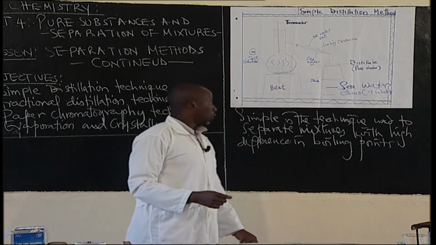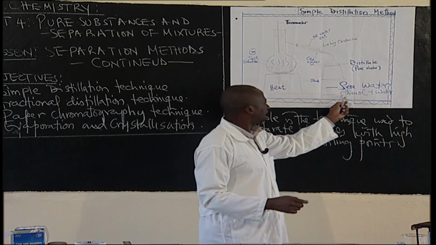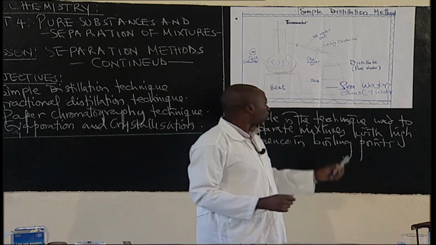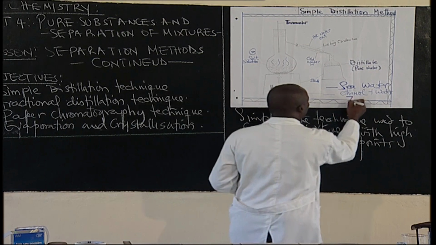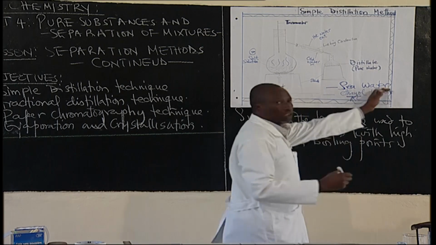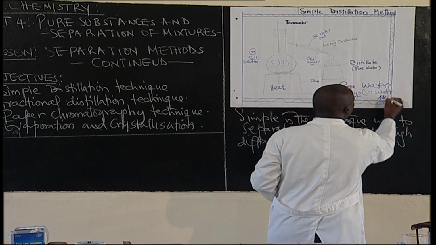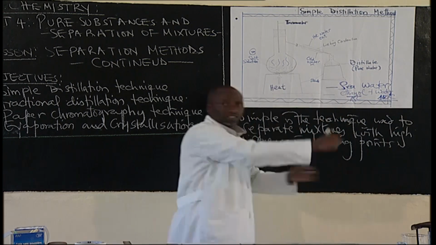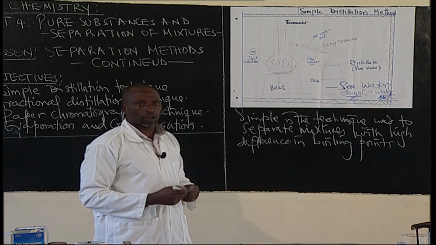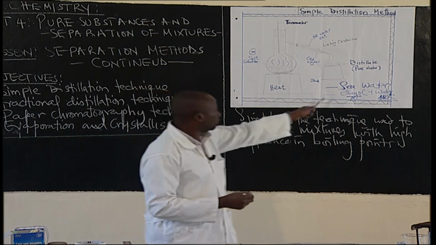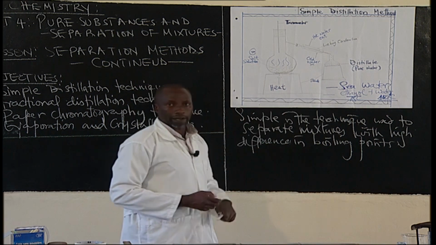We have ethanol and water as a simple example. Ethanol boils at 78 degrees Celsius, and water boils at 100 degrees Celsius. So there is a big difference in the boiling points, and we can use this technique to separate them.